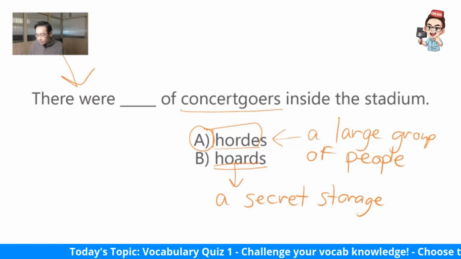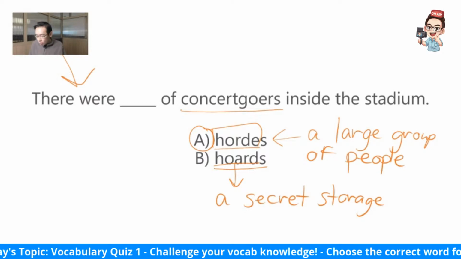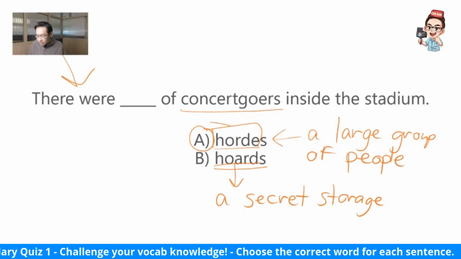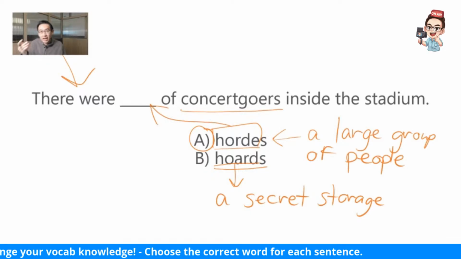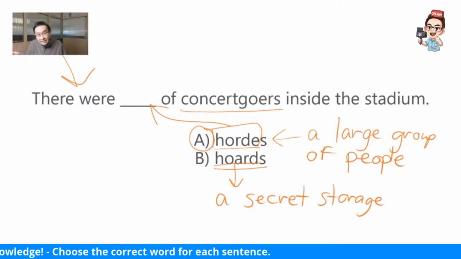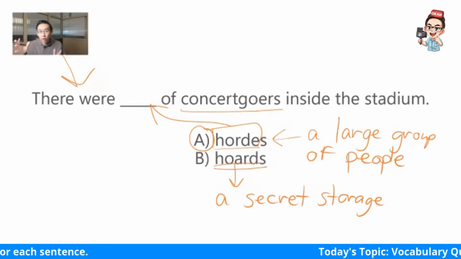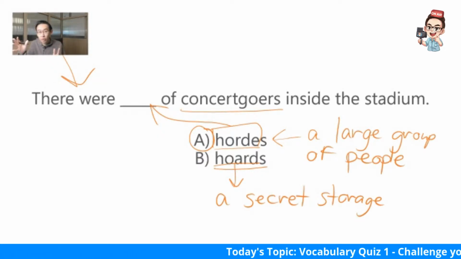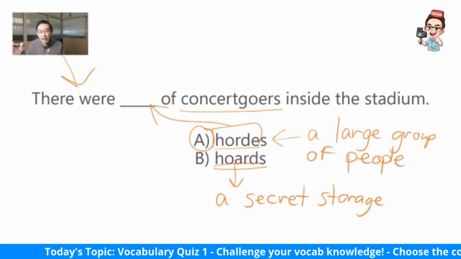And we say hordes of concert goers to tell the reader or the listener that there were lots and lots of people who were going to watch a concert or live music.